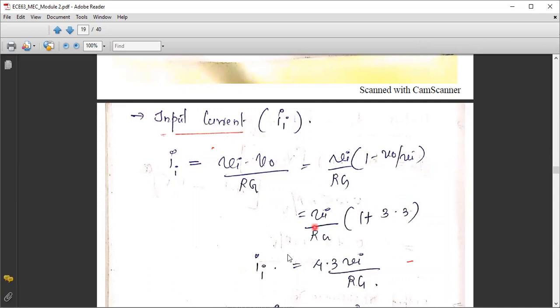From this, rearranging this equation and finding the ratio between Vi by Ii, that will be your input resistance value. Tell me your answer. Rg is known to you. Rg is given in your circuit diagram. So after finding the ratio between Vi and Ii, you will be getting the answer for the input resistance Ri. All of you put your answers in the chat box. Answer for Ri.